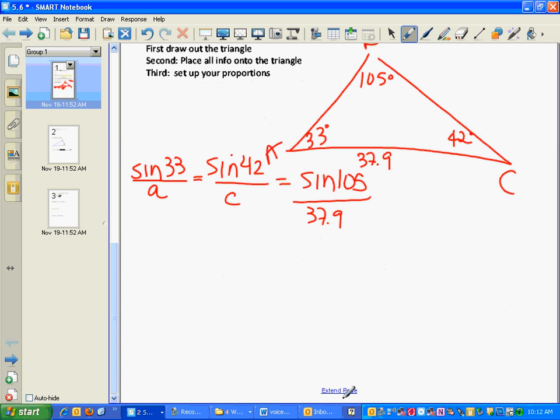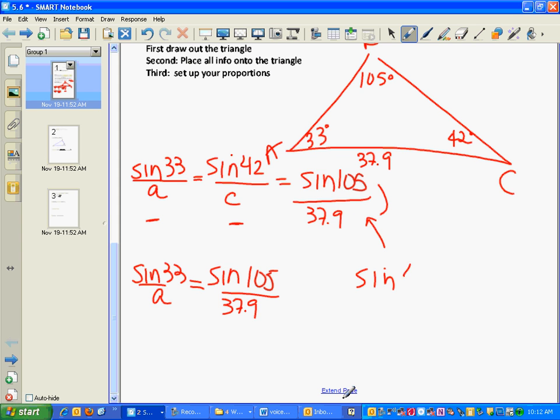And this part right here is going to be our scale factor, and because everything is given, we can set this fraction equal to this one and individually to this one. So in other words, the sine of 33 over A is equal to the sine of 105 over 37.9, and the sine of 42 over C can also equal the sine of 105 over 37.9.